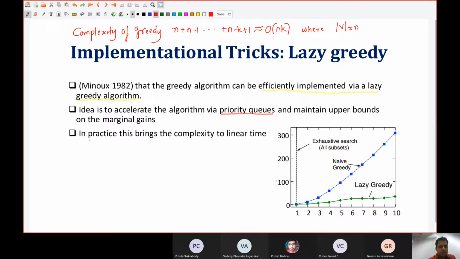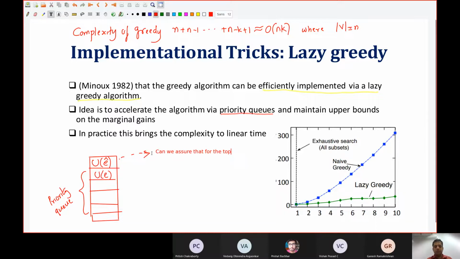So I'm going to use this canonical picture. Let's say I have some upper bound for all elements. Can we be assured that for the topmost element, I'll just call it E hat, E hat is the topmost element.